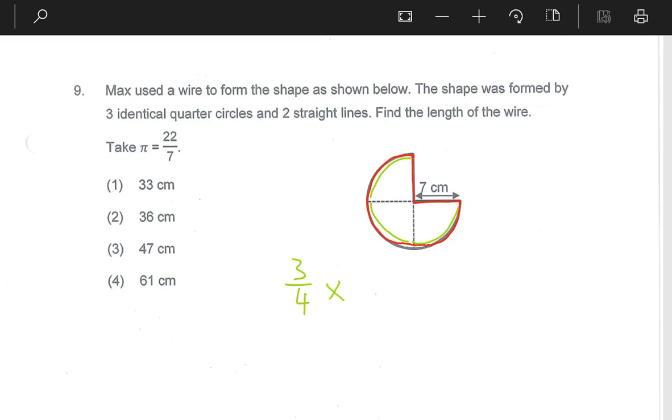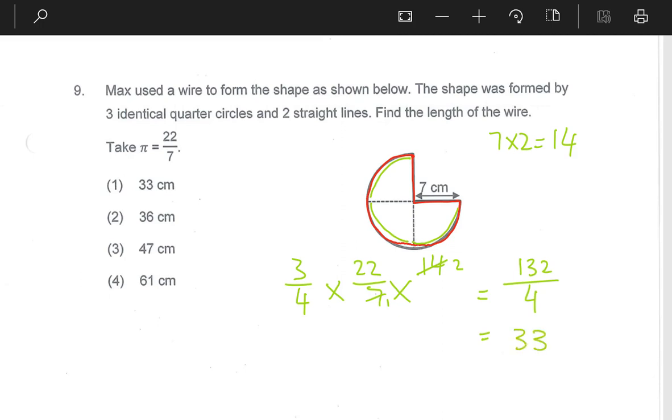So 3/4 pi d, because you want to find a circumference, will be 3/4 pi times, now what is the diameter? 7 is the radius, 7 is the radius, then that makes 14 the diameter. Now I cancel, 7 and 14 becomes 2. I don't think I can cancel anymore. So 3 times 22 is 66. 66 times 2 will be 132. 132 over 4 times 1 is 4. Do a little bit of division, you get 33.